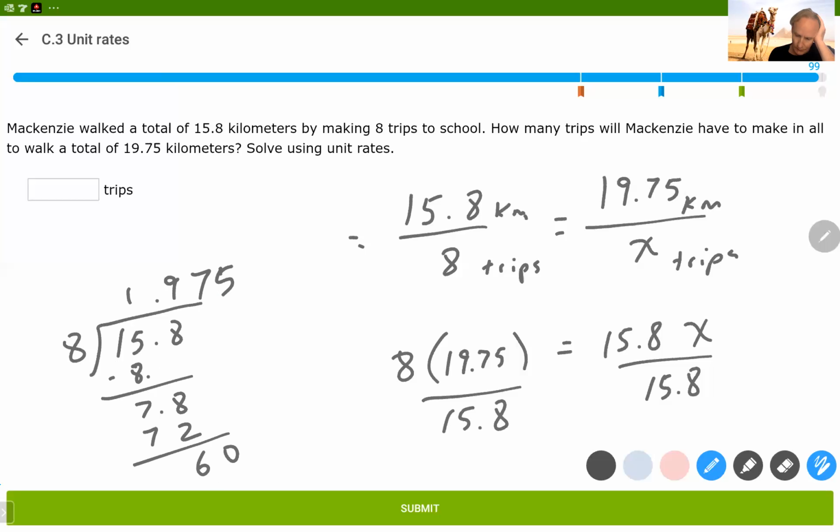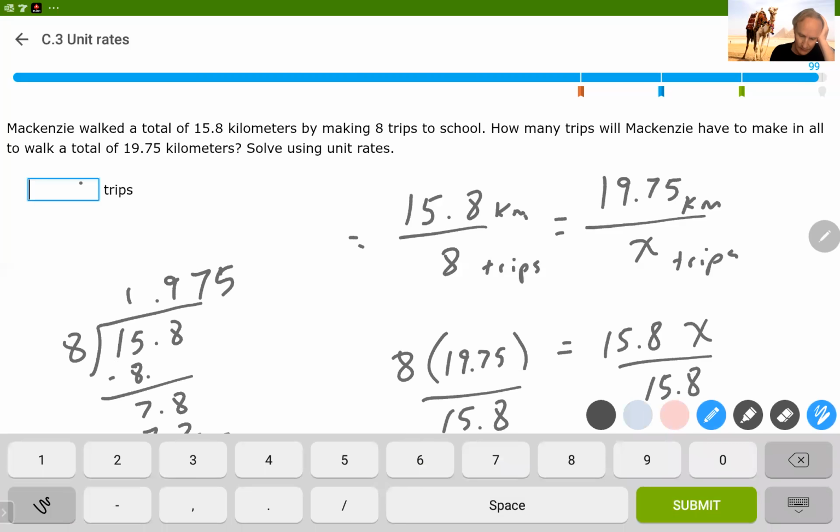And you have to do 10 trips to make that work, to make that true. Since 1.975 goes into 19.75 10 times, we need to go on 10 trips.